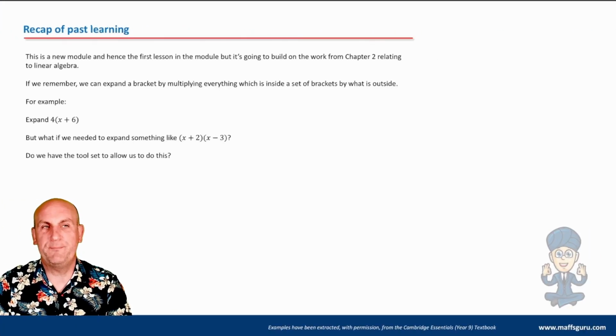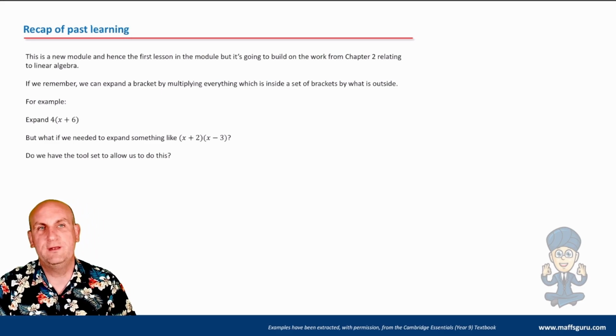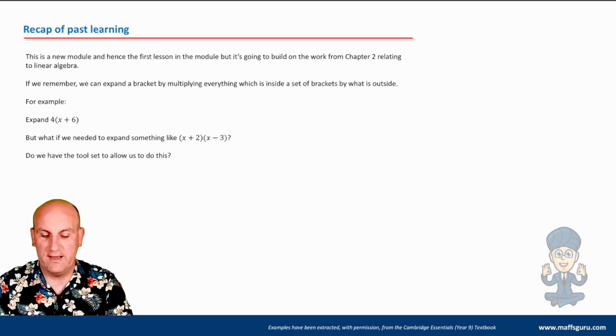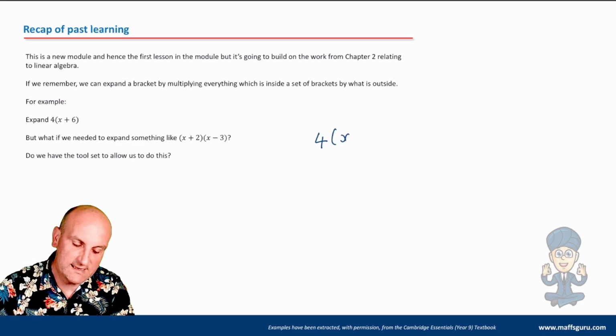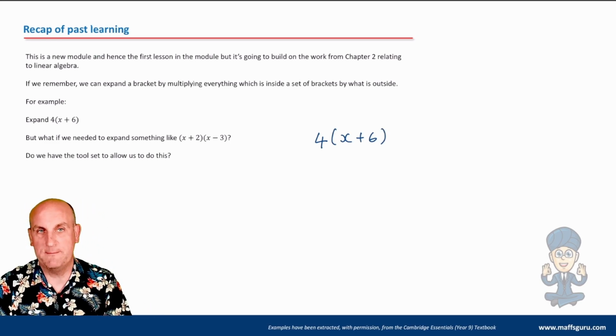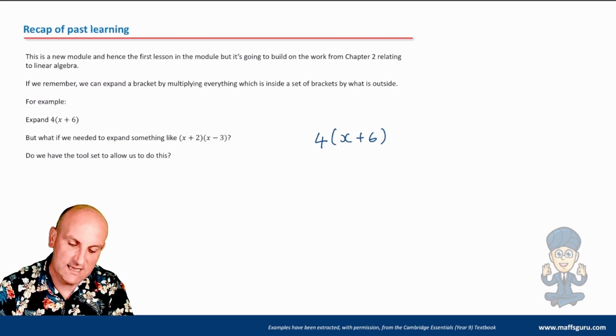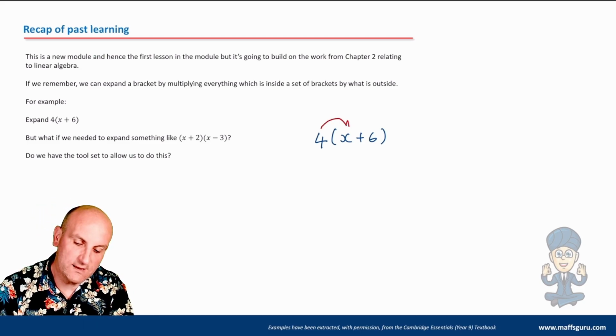Right, a recap of past learning. In previous parts of the year you may know that we can expand brackets, right? So if we had 4 brackets of x plus 6, we know that everything outside the bracket must multiply by everything inside the bracket. So we may say, well, the 4 times the x and then 4 times plus 6.